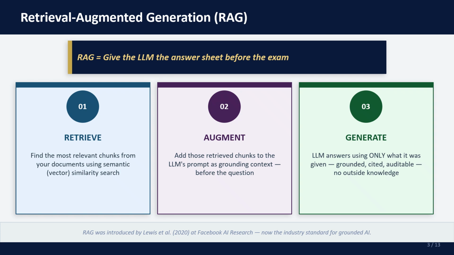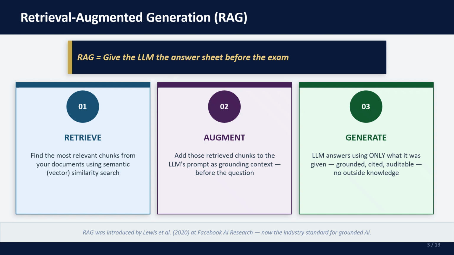RAG stands for Retrieval-Augmented Generation. The simplest way I can describe it is, RAG gives the LLM the answer sheet before the exam. So instead of asking the model to rely on its training data, we do three things. Step one is retrieve.